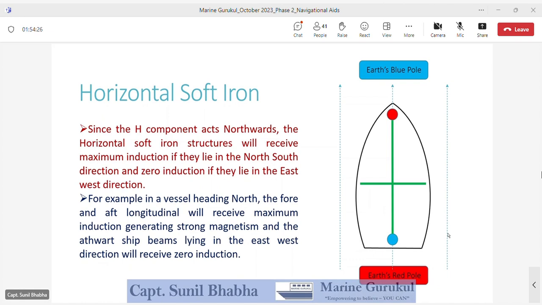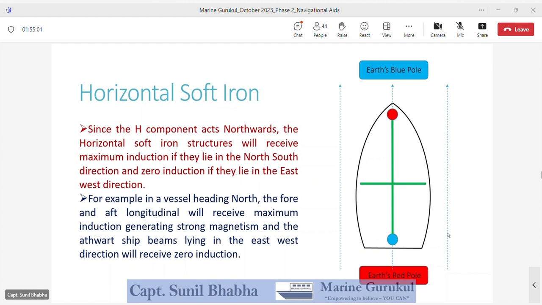That's how this photo is. So basically, irrespective of the heading, our fore and aft longitudinal will always remain a horizontal soft iron. The fore and aft longitudinal as well as the outward ship beam will always remain a horizontal soft iron. The funnel, the mast, the cranes will always remain a vertical soft iron irrespective of the ship's position or any heading, anything.